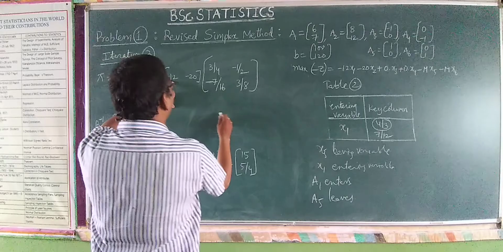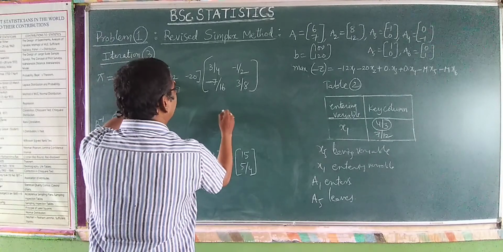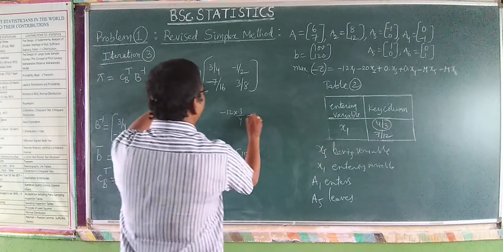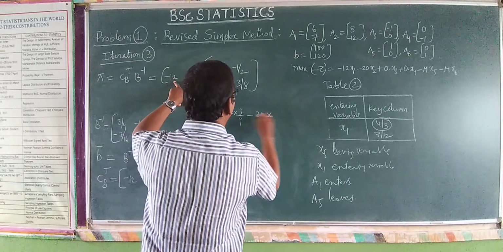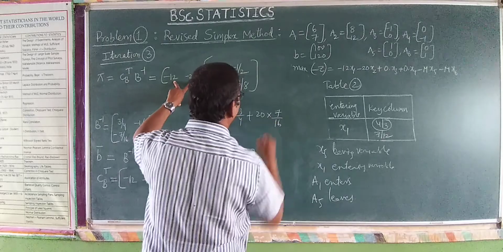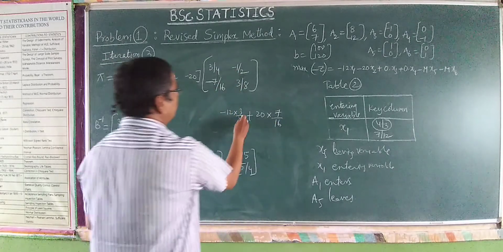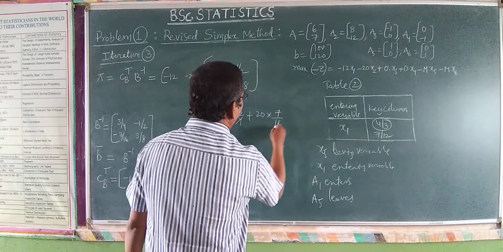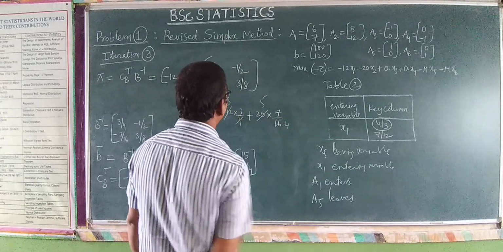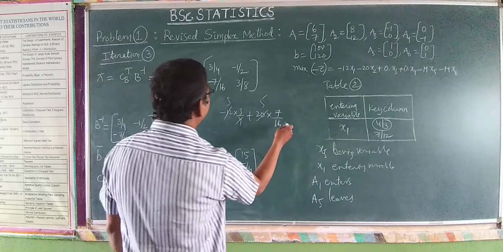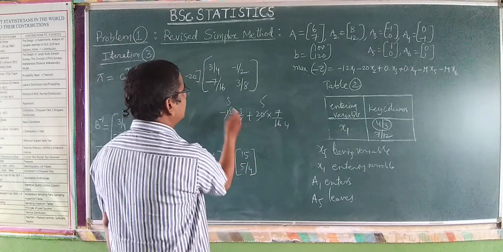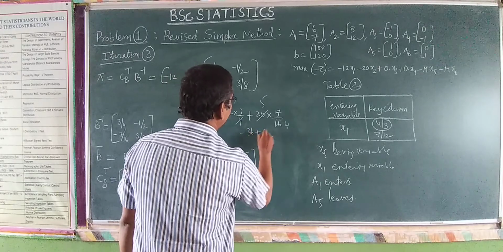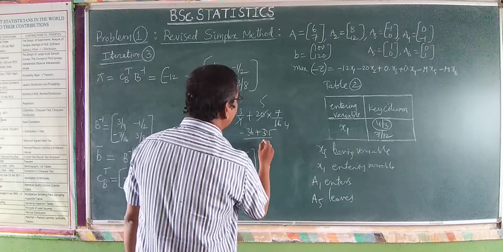Minus 12 into 3 by 4, and minus 20 into minus 7 by 16, plus 7 by 16. So therefore 4 3s are 12, and 4 5s are 20. 3 3s are 9, 9 4s are 36, minus 36 plus 35, 35 divided by 4.